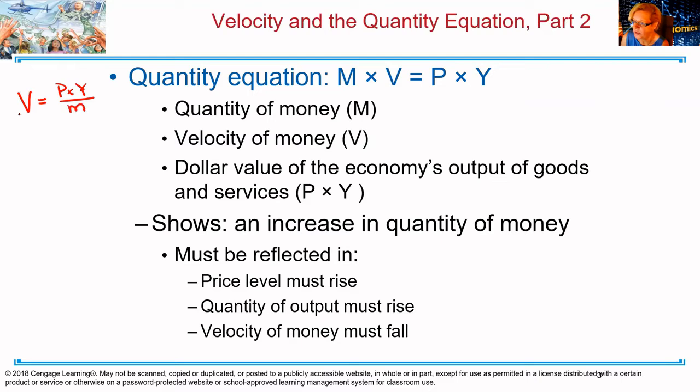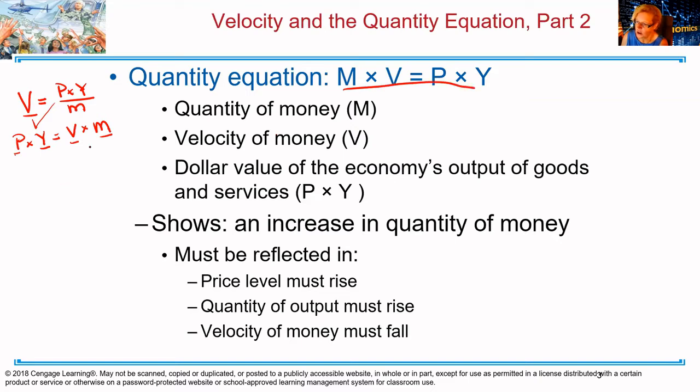If we cross multiply, P times Y will come over here, and it equals velocity times the money supply. So just to reiterate: the consumer price index, real GDP, velocity, and the money supply. Now, this is the quantity equation. You'll see it listed up here as well.